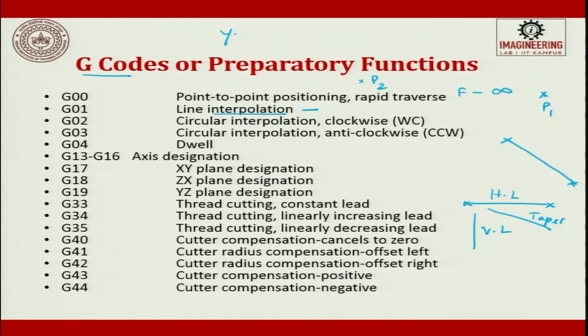I have defined an equation y equal to mx plus c and then I give x values and find out the y values, and I do interpolation, finding the discrete points, so the cutter or the tool will move along the straight line. The straight line can be horizontal, vertical, or taper depending upon your requirements. Whenever there is a straight feature to be machined, we use linear interpolation.